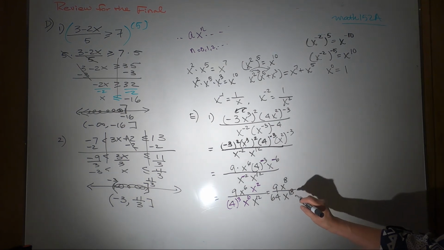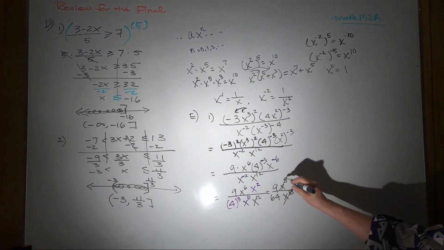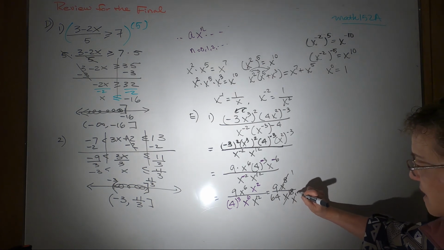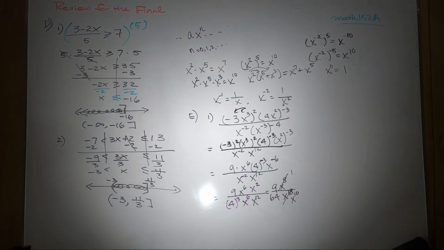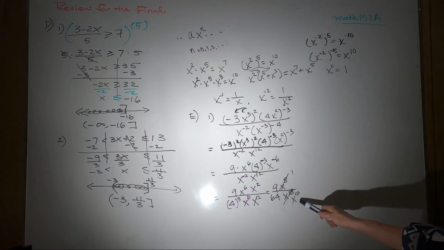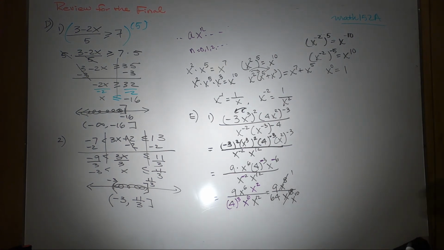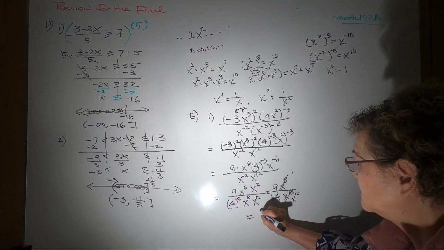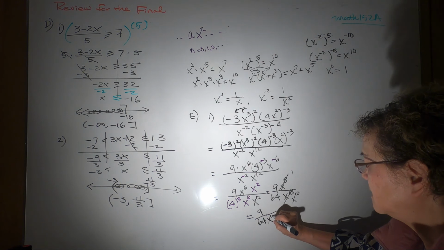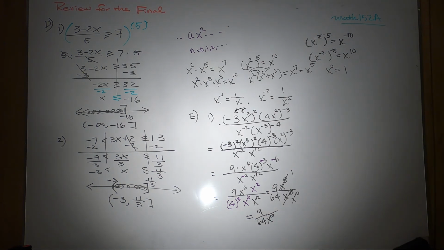So of the 18, you cancel out 8. So this is gone, and this one should be 10 left. Or you can say 8 minus 18 would be -10, which is flipped to the bottom, x to the 10th power on the bottom. So your answer should be 9 over 64 x to the 10th power.